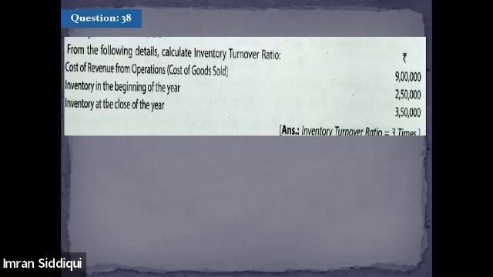So if it is given by the name of cost of revenue from operation, don't get confused. Cost of revenue and cost of goods sold is the same thing. Then the inventory in the beginning and at the end is given. So this is the very basic question of this topic.